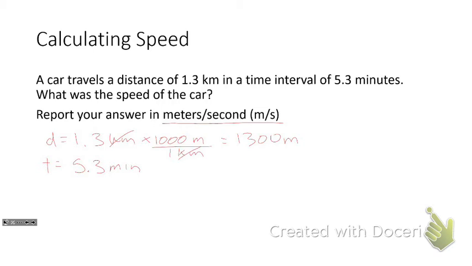And if we want to get minutes to seconds, what is my conversion factor there? How many seconds in a minute, Harriet? 60, right? Yeah, perfect. So we're going to multiply that by 60 seconds per 1 minute.